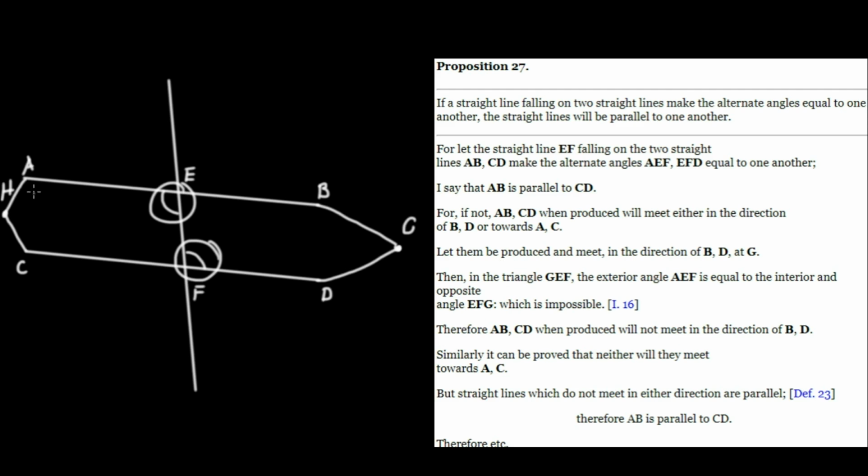Therefore, it's also impossible that the lines AB and CD, given the equality of these two angles, could meet over here at some point H. So they can't meet in either of the two directions. And by Definition 13, that's just what it means for two lines to be parallel. Therefore, AB is parallel to CD.